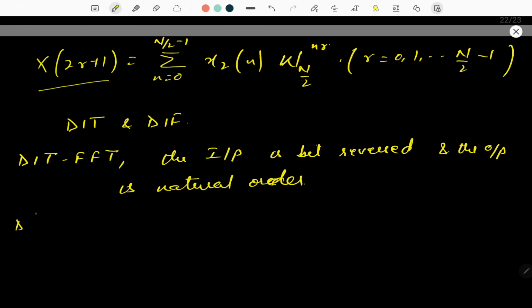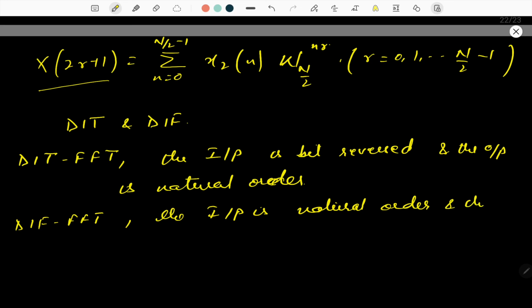Whereas in decimation in frequency fast Fourier transform, the input is in natural order and the output is in bit reversed order.